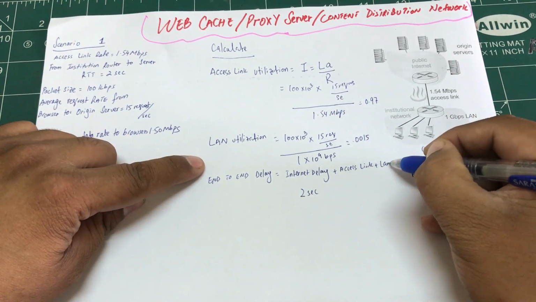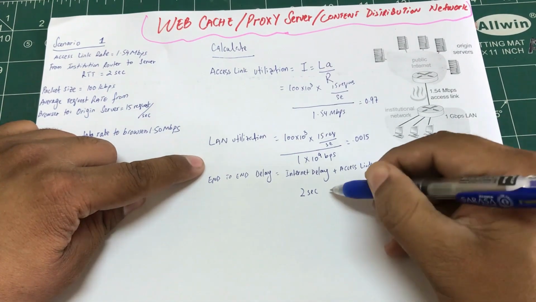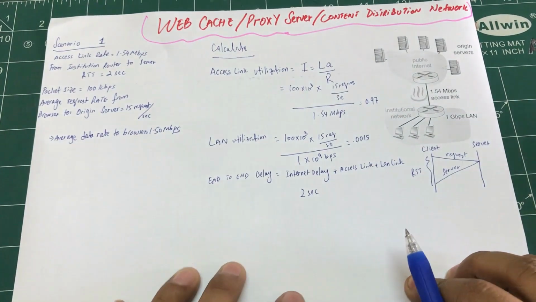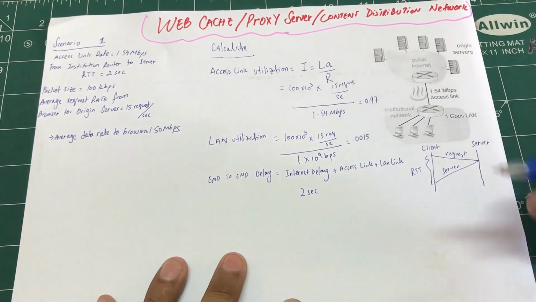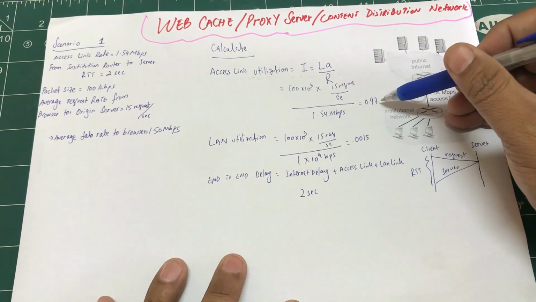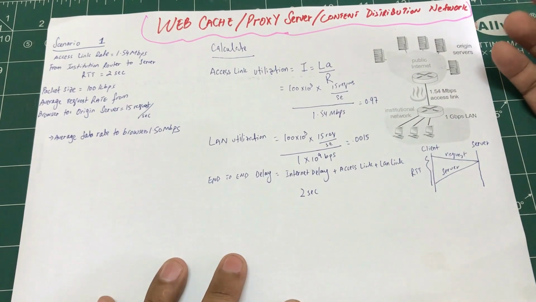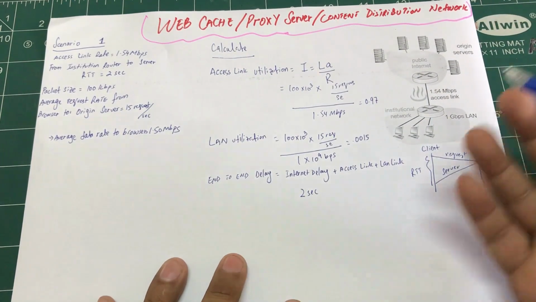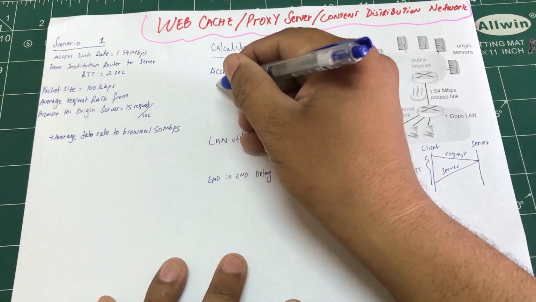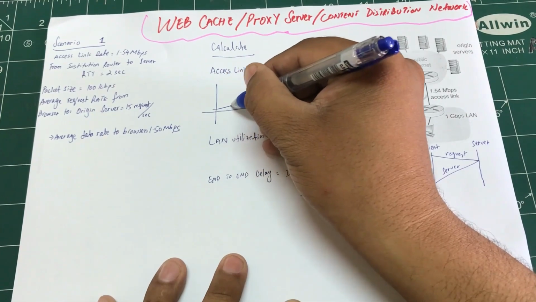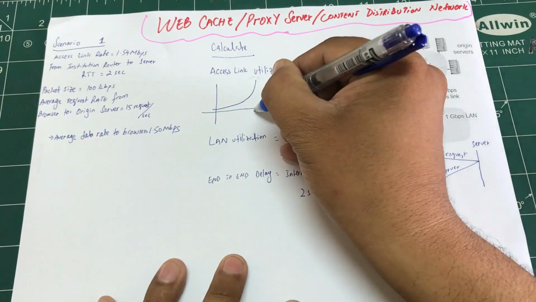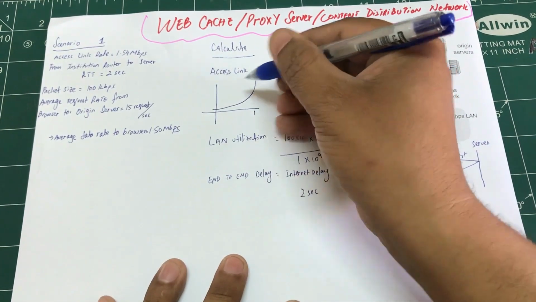And plus LAN link. So these are the delays I need to add up to get my total delay. Now, my access link is 97% utilized. If I look at the delay graph, my delay is small at low utilization, but as utilization increases, my delay increases.